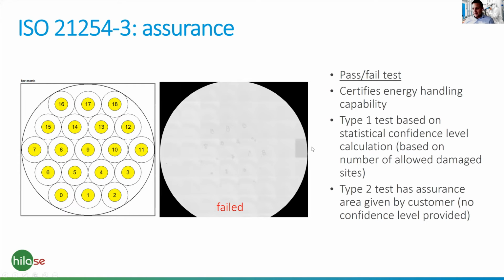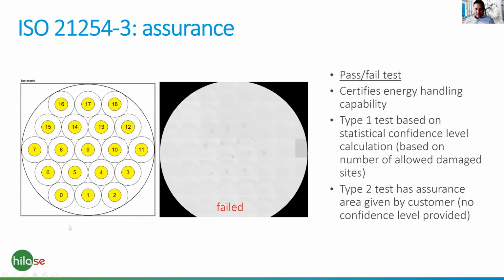So you simply expose the given area to the given fluence and then evaluate whether you observe damage or not, and accordingly you declare that the element passed or failed.